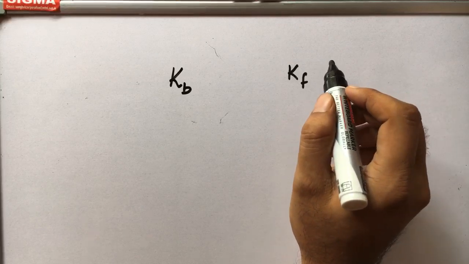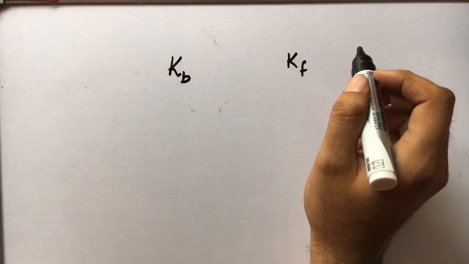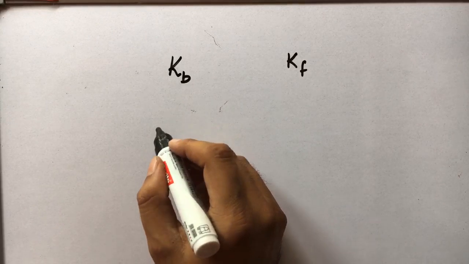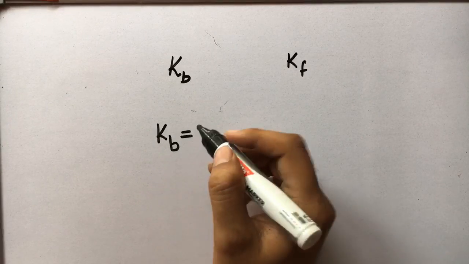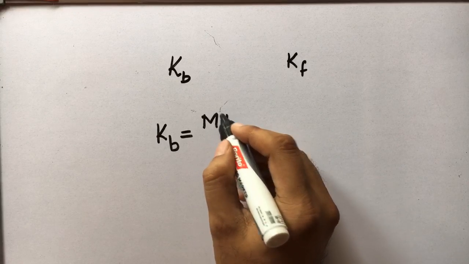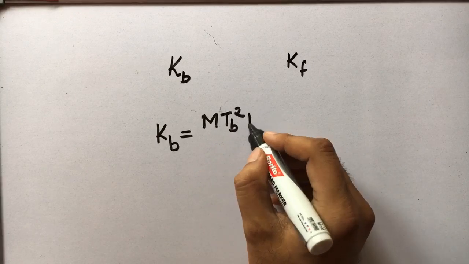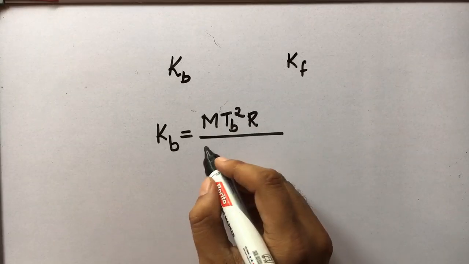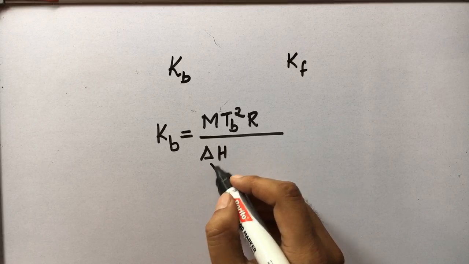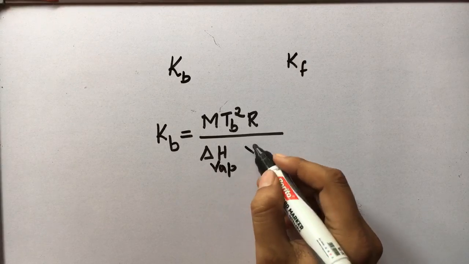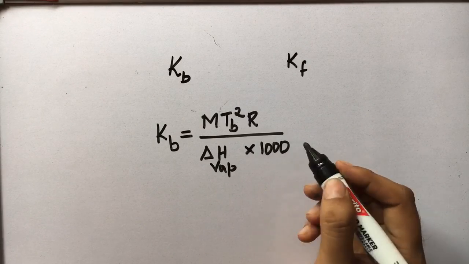How to determine the value of Kb or Kf? We don't have to derive it, but we need to remember Kb is given by mTb square R divided by delta H of vaporization multiplied by 1000.